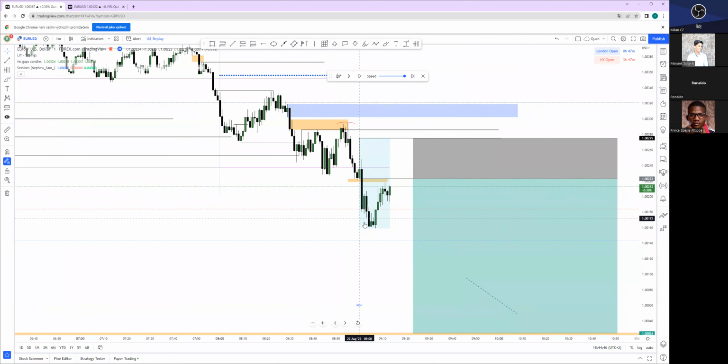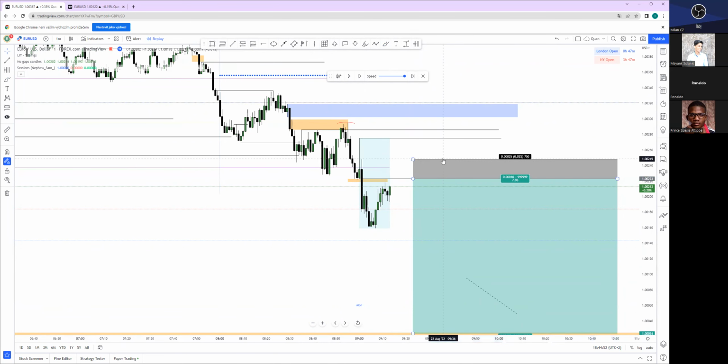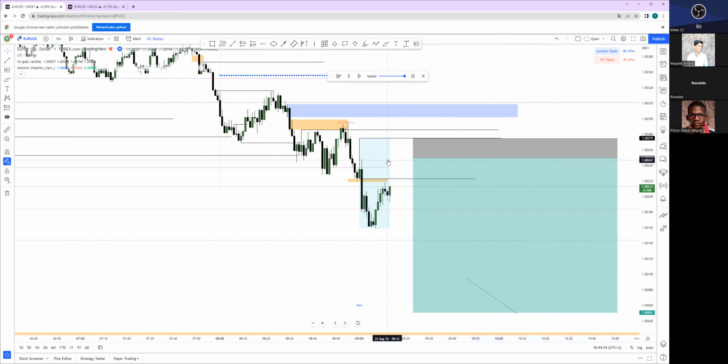So yeah, I'm just looking at this. I'm thinking whether I should put my stop loss here or put it up here, the entry.